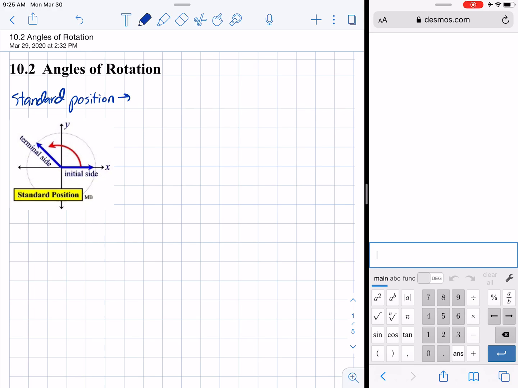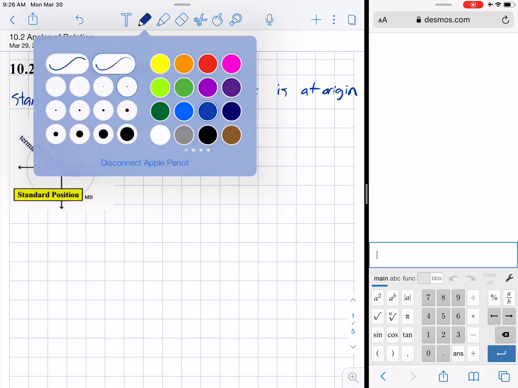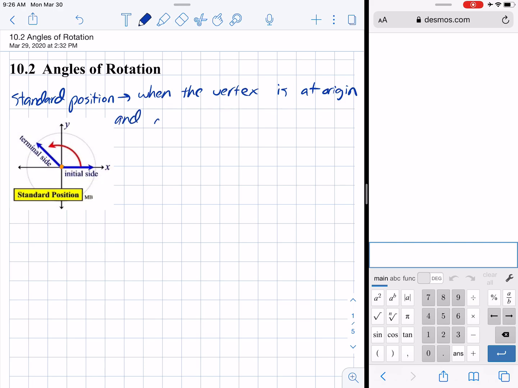So an angle's in standard position when the vertex is at the origin, like we can see here. Vertex is at the origin, and one ray, remember an angle is made up of two rays meeting at a vertex, is on the positive x-axis.